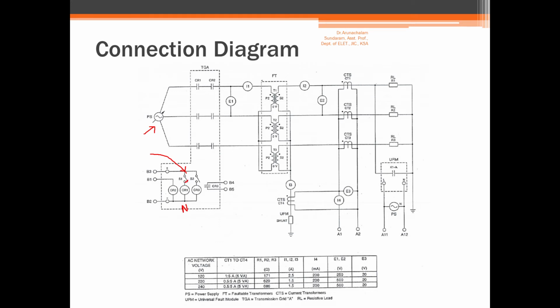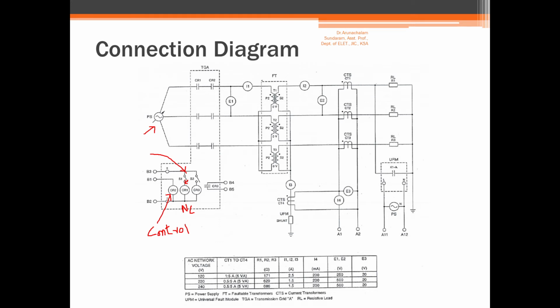This is a normally closed contact. We normally close this one, and CR2 is automatically energized, and CR2 is for the control action. That means if there is a fault, CR2 would de-energize and automatically isolate the transformer. So CR2 is used for control action.